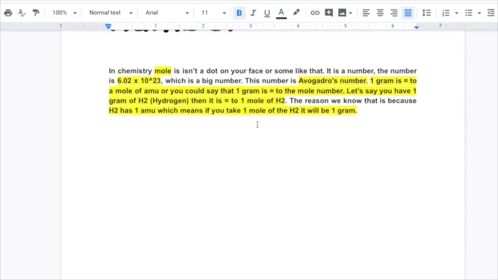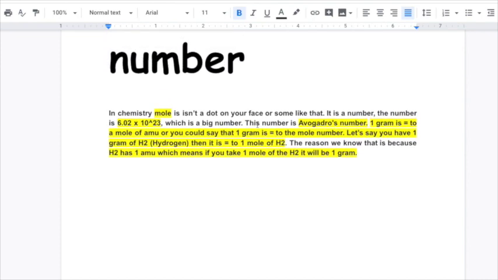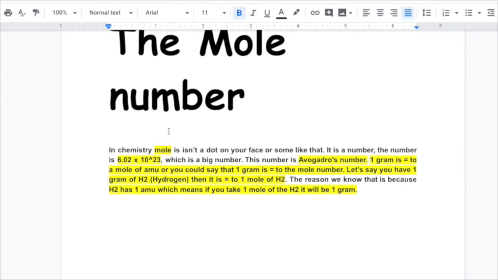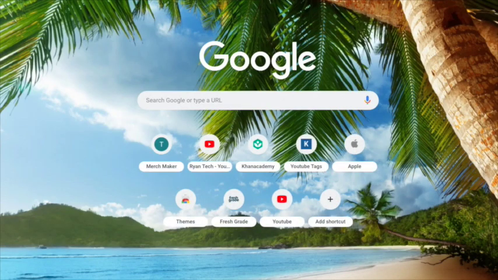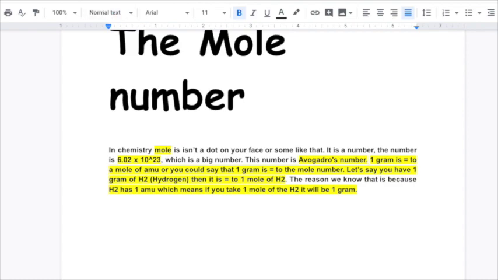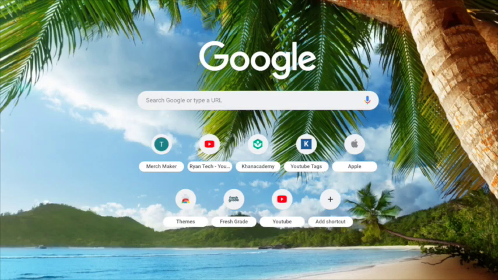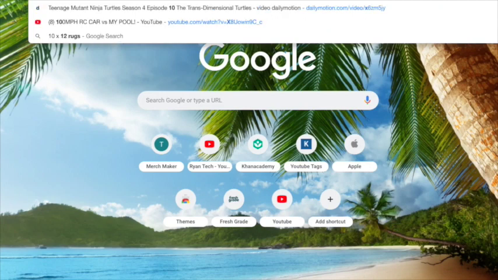Not the mole that you have on your face, but a number. And the number is actually 6.02 times 10 to the power of 23. If you're wondering what to the power of 23 means, this is what it means. 10 to the power of 2 means times 10 two times, so it means 10 times 10.